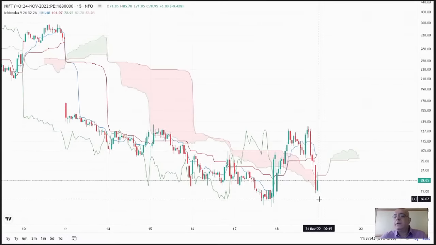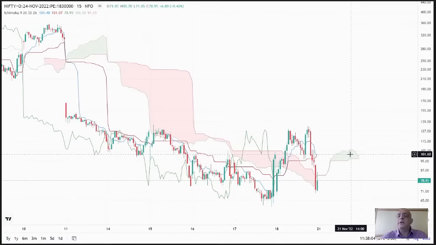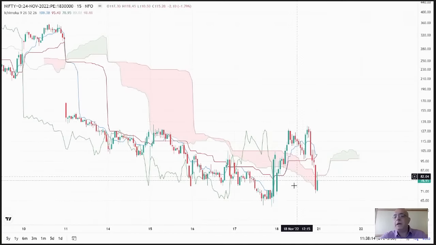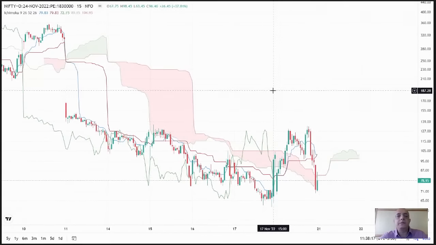So 15 minutes below 65, I'm out of the trade, and I would be looking for a pullback move, max to max, I would say like this, 150. And once it starts sustaining above 100, it will get a lot of traction. So small quantity entry here, larger quantity entry above 100 for 150, and the bumper lottery would be 225. I would be a buyer in this put like that.